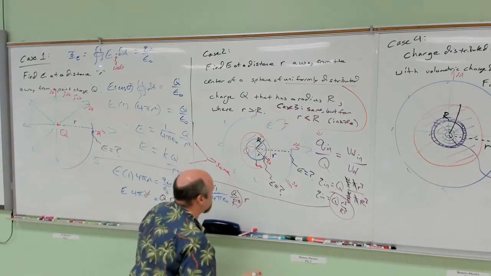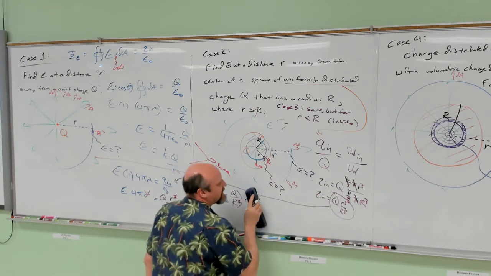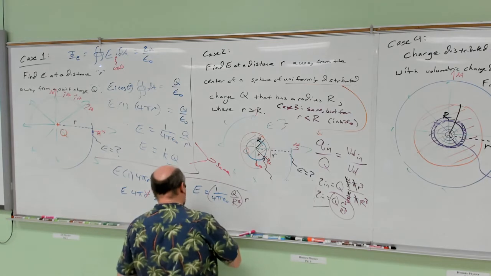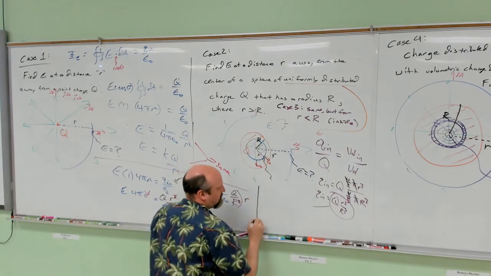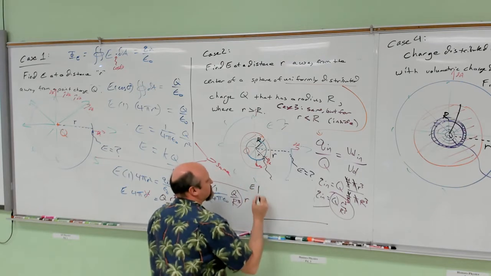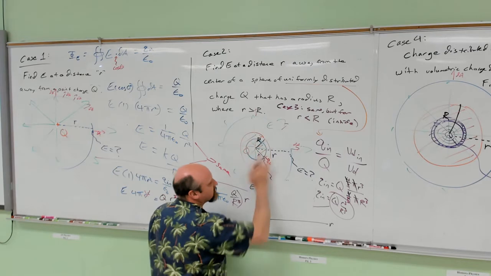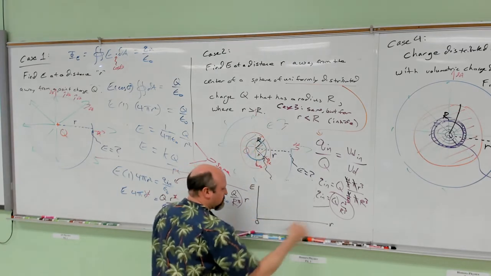So last thing, and I didn't leave myself much space here, so I'm just going to go ahead and erase and pretend that wasn't there. I'm going to say, last thing, if I made a graph of electric field strength versus distance from the center of the sphere, for the sphere of uniformly distributed charge. So here's, right here, this is little r equals 0.